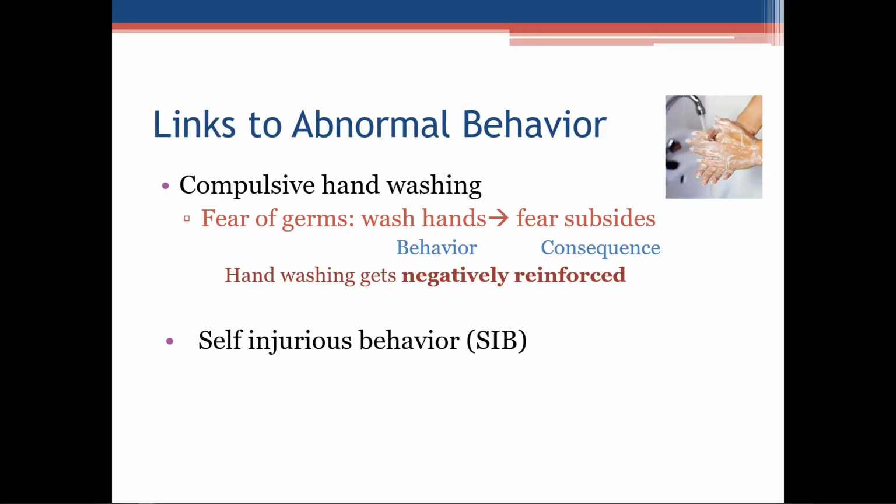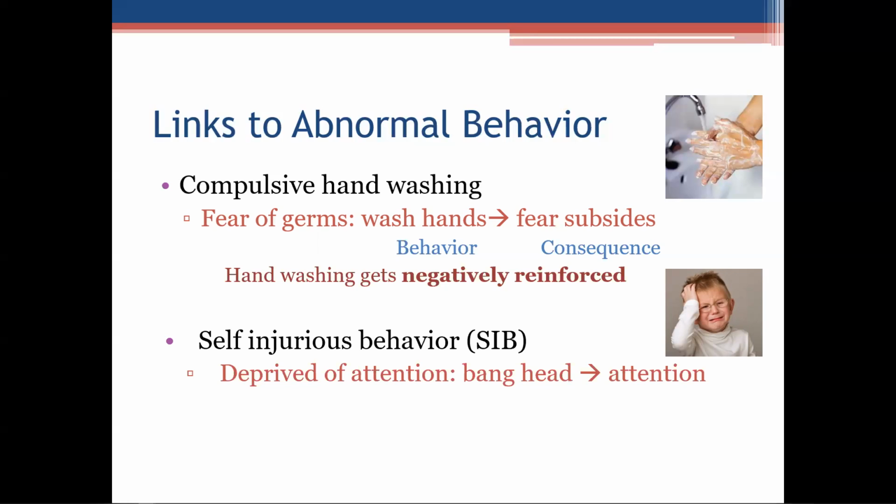We can also see a variety of different self-injurious behaviors, both within humans and animals. One of the more common ones would be head hitting in children with developmental disabilities and delays. This typically occurs when they might be deprived of attention, not significantly deprived, but someone may not be attending to them right at that moment. So they might engage in some type of head hitting or head banging behavior, which is quite dramatic.